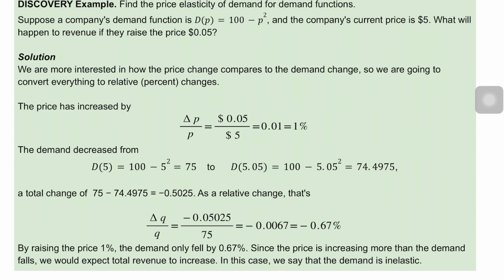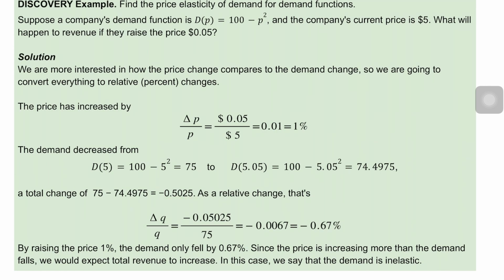Which will be in this case 74.49. So the total change in this case will be 74.49 minus 75, and so that will equal negative 0.5025.